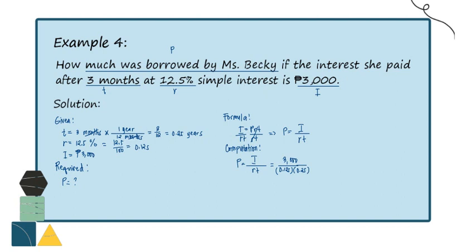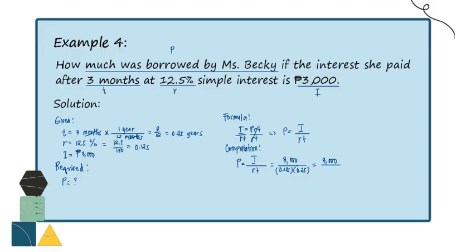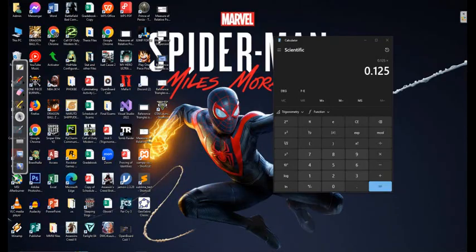We could do the denominator first. 0.125 times 0.25 is 0.03125.